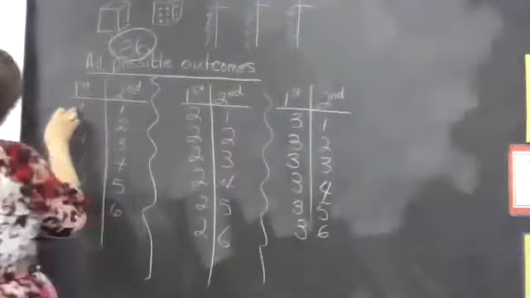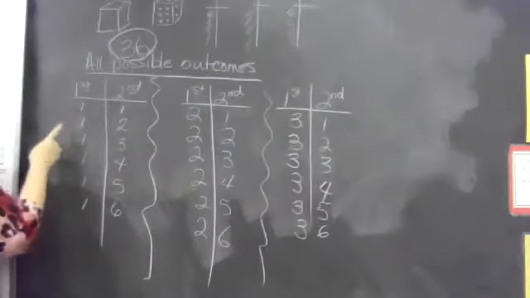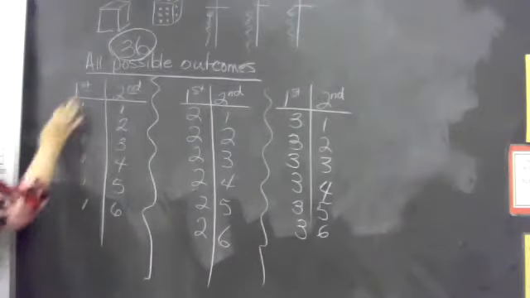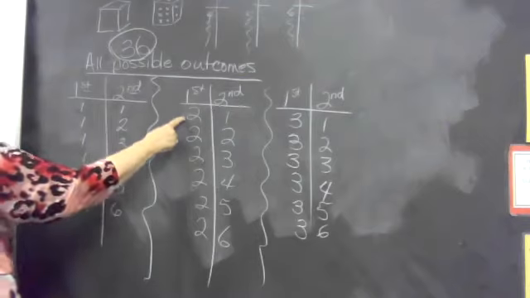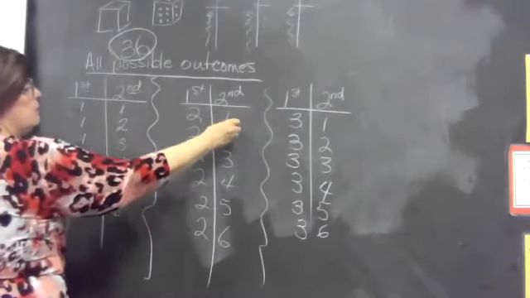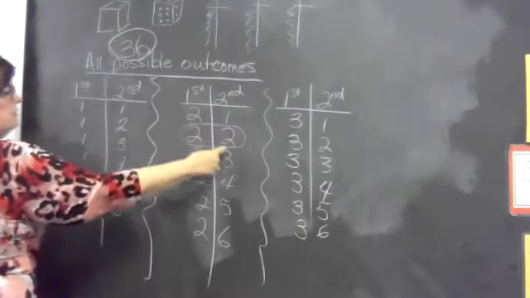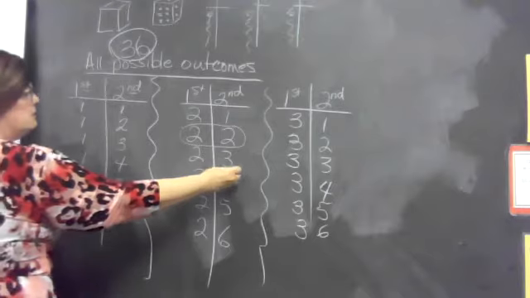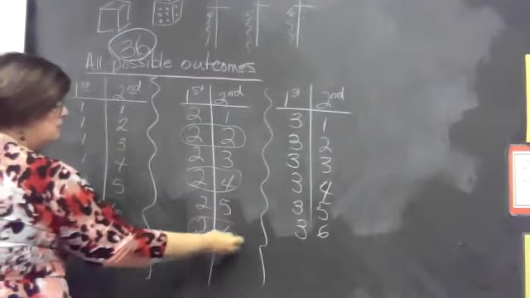Is 1 an even number? No. You have to have an even number on both dice, so none of the 1s are going to work. 2 is an even number, but 1 is not, so that's not going to work. But here's where both of them are even. That's not even, but they're both even here, and they're both even here.